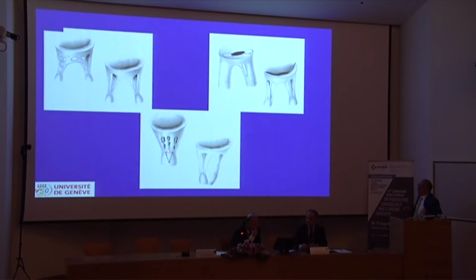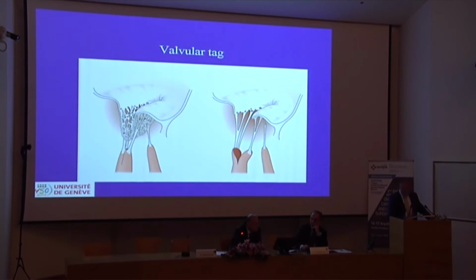In case of a single papillary muscle, we have to split the single parachute papillary muscle into two parts, and also enlarge this intercordal space by resecting this accessory tissue.